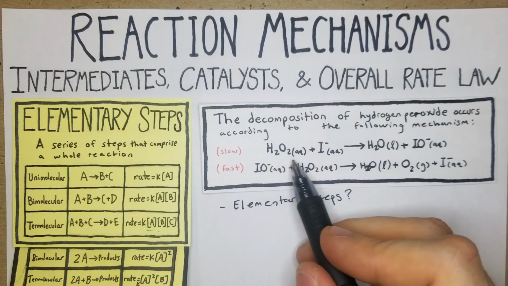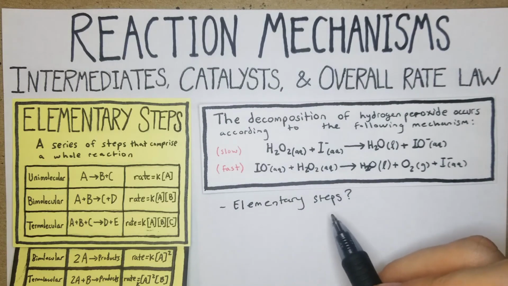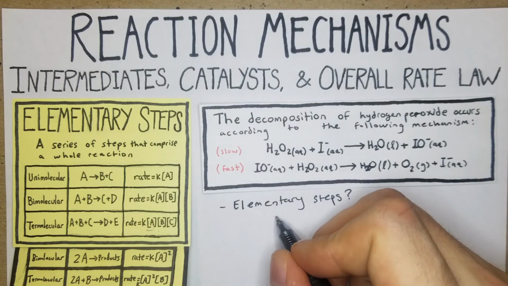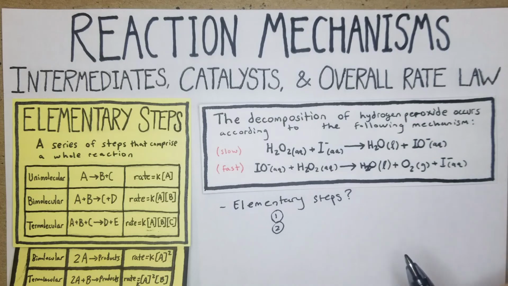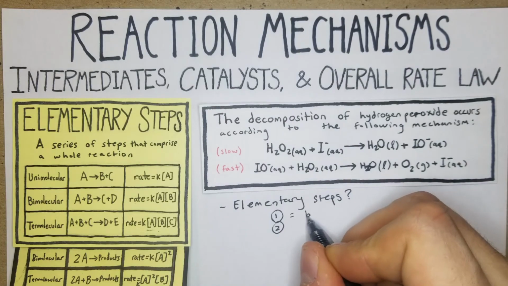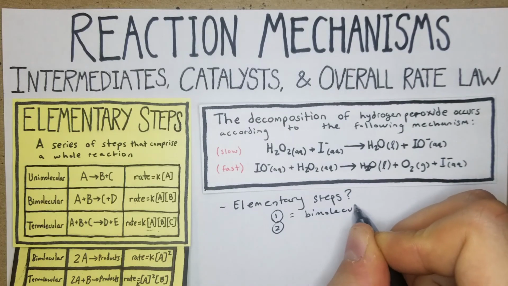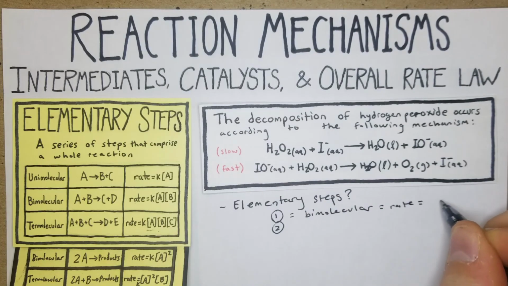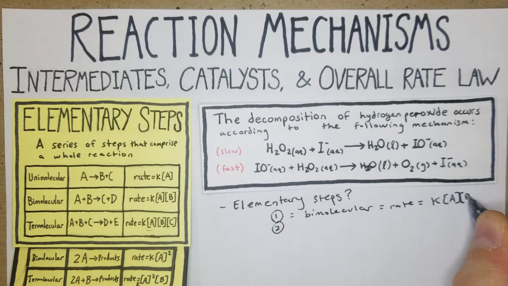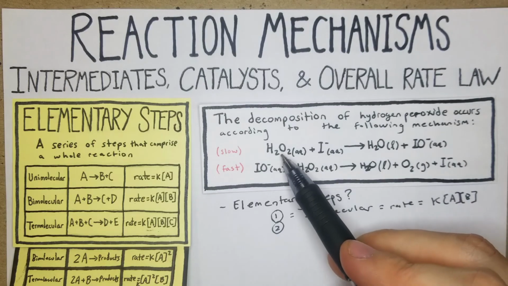In this case, what we have is H2O2 and I-. We have 1 mole of each. So the first one, we'll say 1 and 2. This is going to be 1, that's going to be 2. 1 is bimolecular. So that would be the rate equals k[A][B], or k[H2O2][I-].